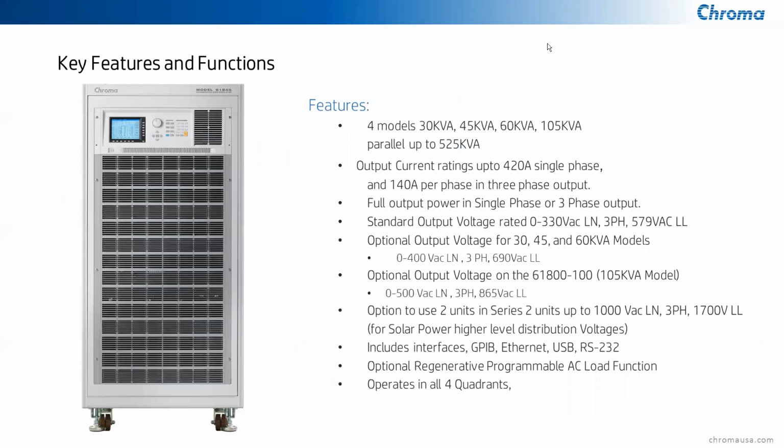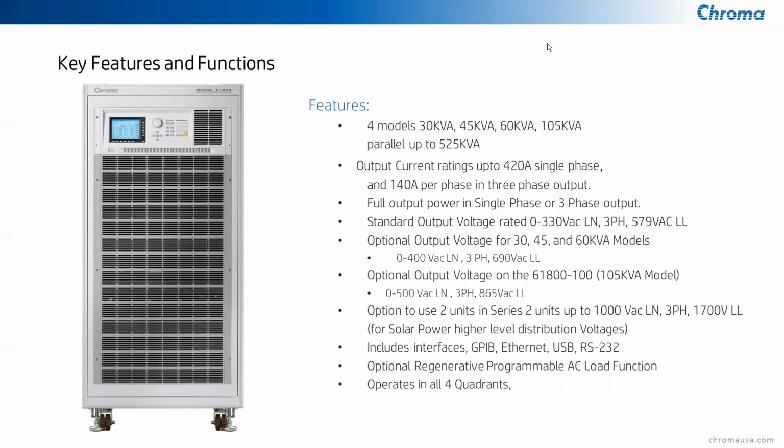The unit itself, we have 4 models that range from 30 kVA up to 105 kVA. They can operate with a single-phase output or 3-phase output, and currents all the way up to 420 amps RMS, 140 amps per phase when you're operating in 3-phase mode.